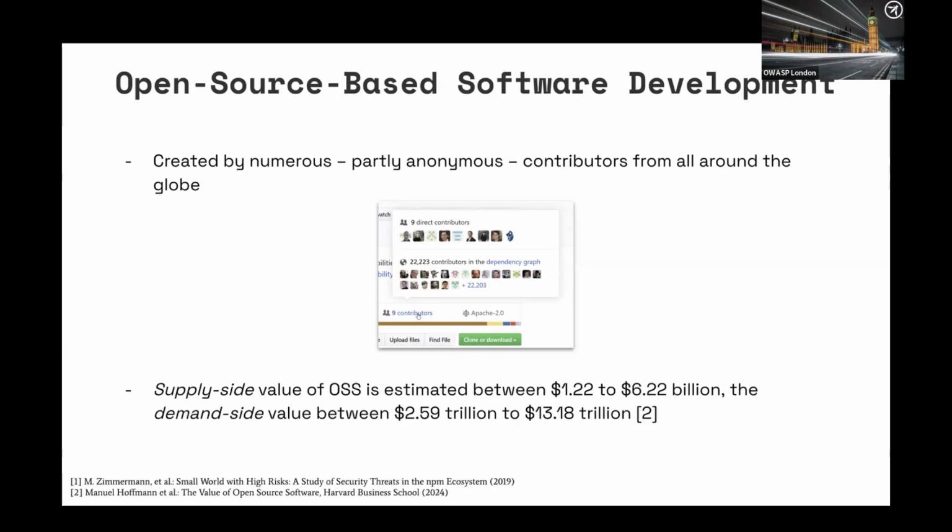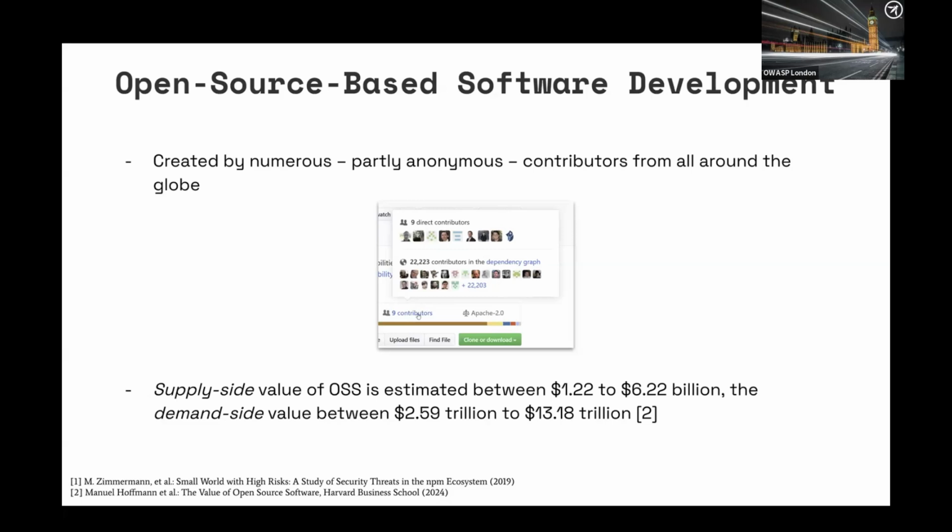Another way to look at this is in terms of money. Here are some numbers published by the Harvard Business School in 2024. They estimated the so-called supply side value of open source at 1.22 billion to 6.22 billion.